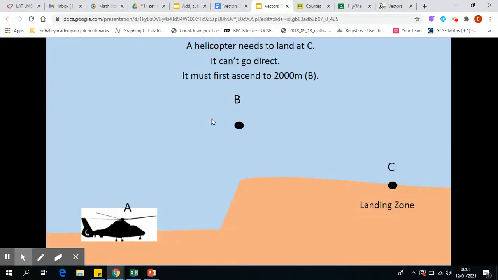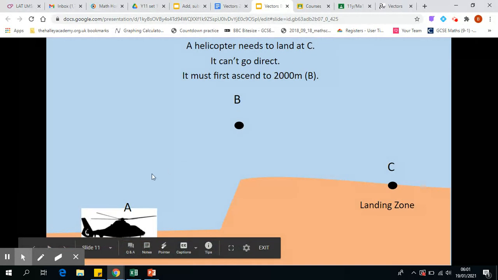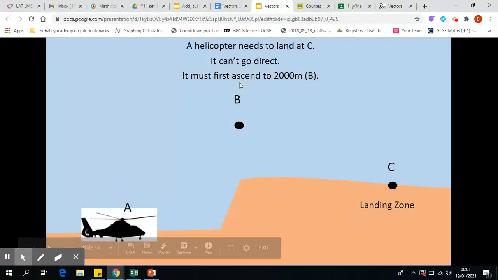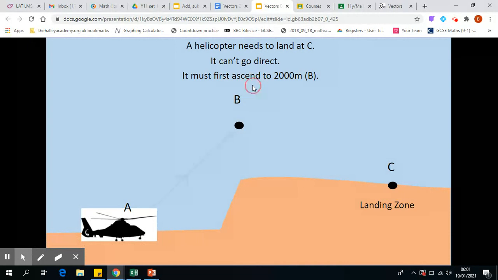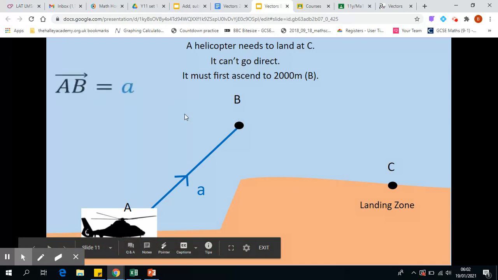Let's look at some real-life examples of vectors. A helicopter needs to land at point C. The helicopter is currently at point A. It can't go directly because of the cliff. It must first ascend to 2,000 meters. That's vector a.